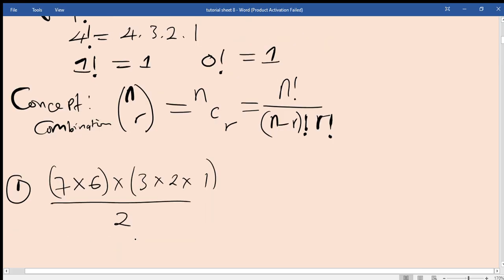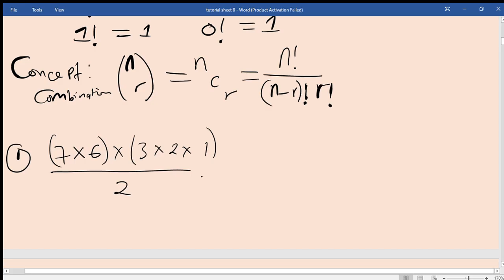Now we know what factorial notation is, a product of its decreasing factors. If you look at this, you have to be very strategic here. This is 7 by 6, and it's not continuing to 5, 4, 3, 2, and so forth. So there is a missing 5 and 4 for this to become a 7 factorial.